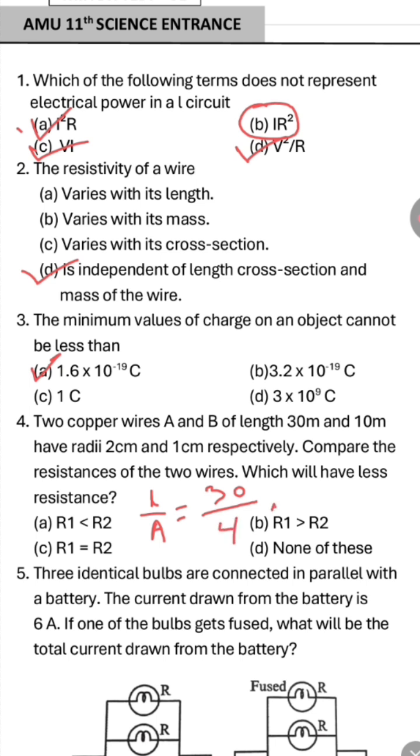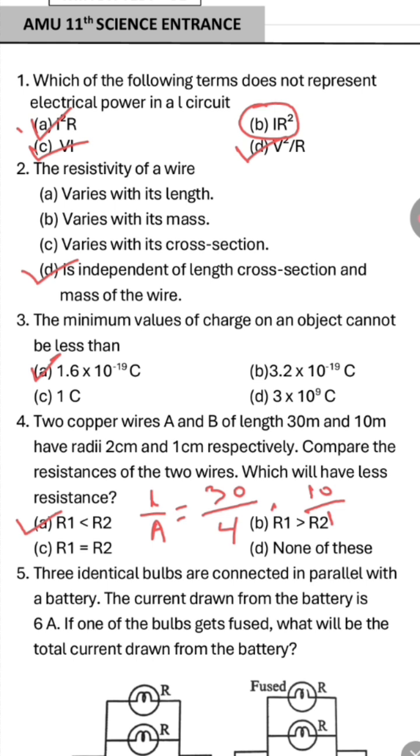And for second wire, it is 10 by 1. Definitely R equal to rho L by A. Value of L by A, if greater, then R will be greater. And in this case we find that second value is greater than first value. Therefore R2 will be greater than R1, and option A is correct.